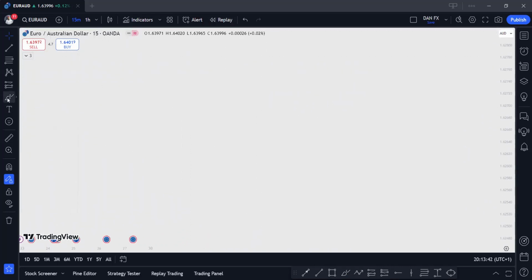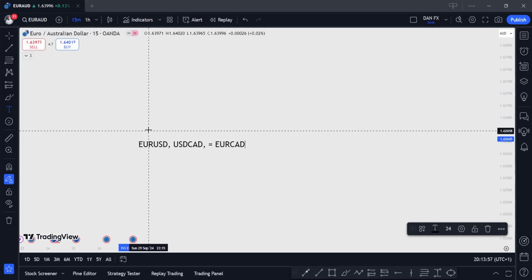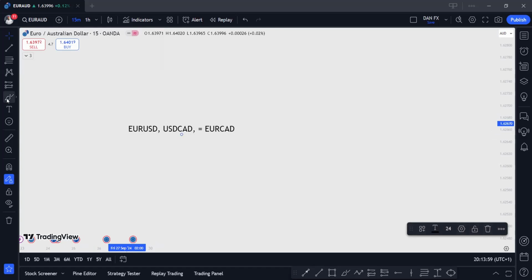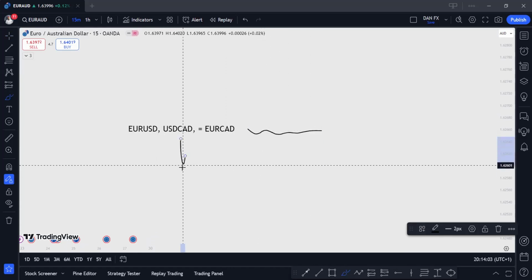So basically, we've established that the three currency pairs can move together. So we have your USD CAD and your EUR CAD, right? If EUR CAD is going sideways, that means they're moving USD CAD in one direction.